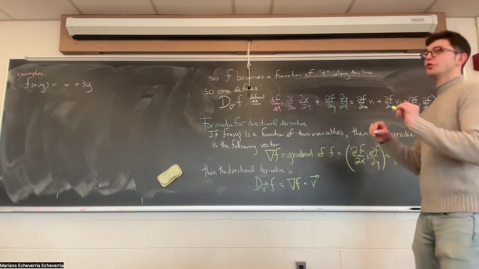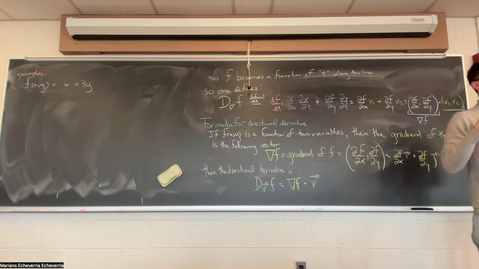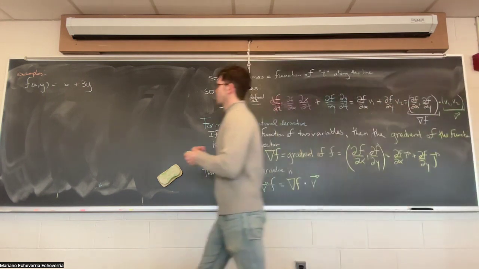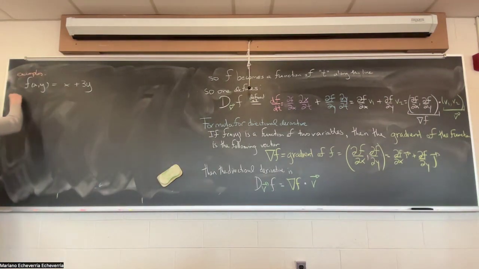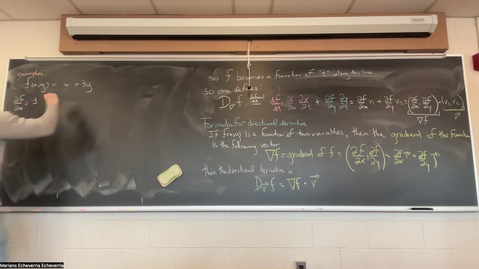And then to find the gradient, what you always do is find the partial derivatives. So you can find the partial derivative with respect to x. That just gives you 1, right? And then you can find the partial derivative with respect to y. That gives you 3, right?